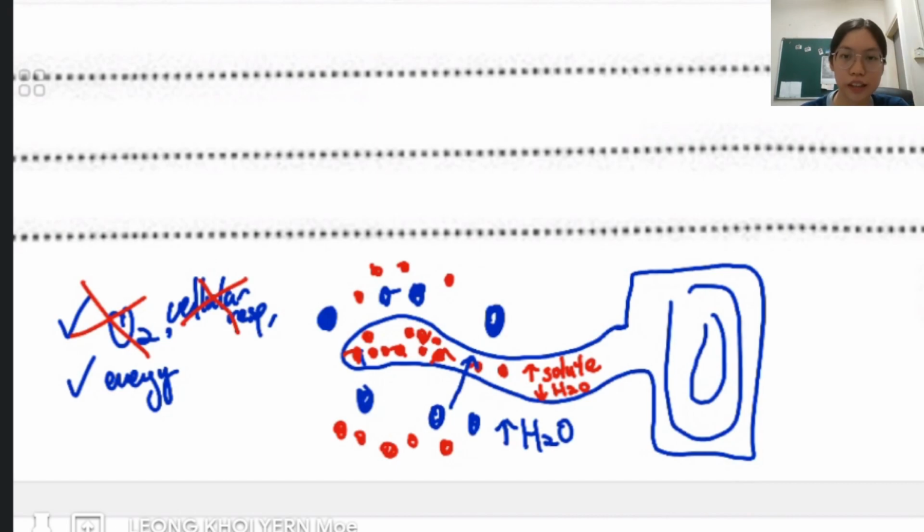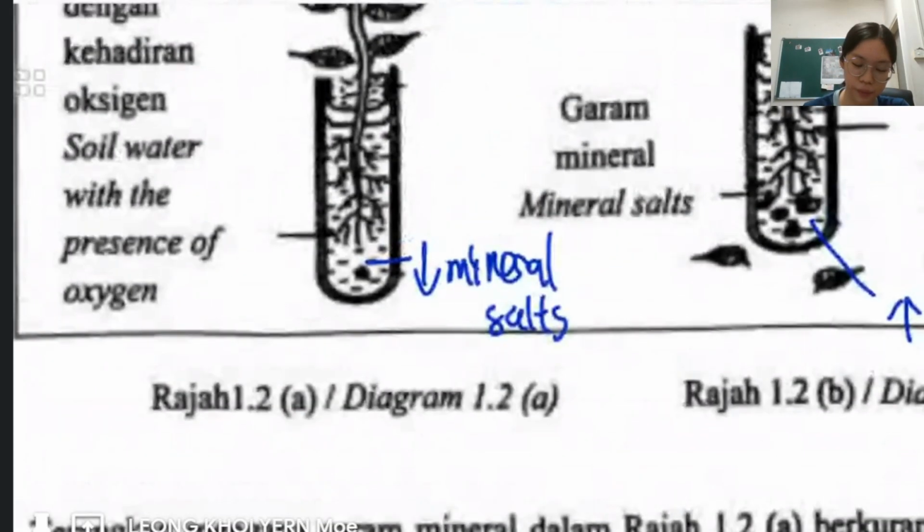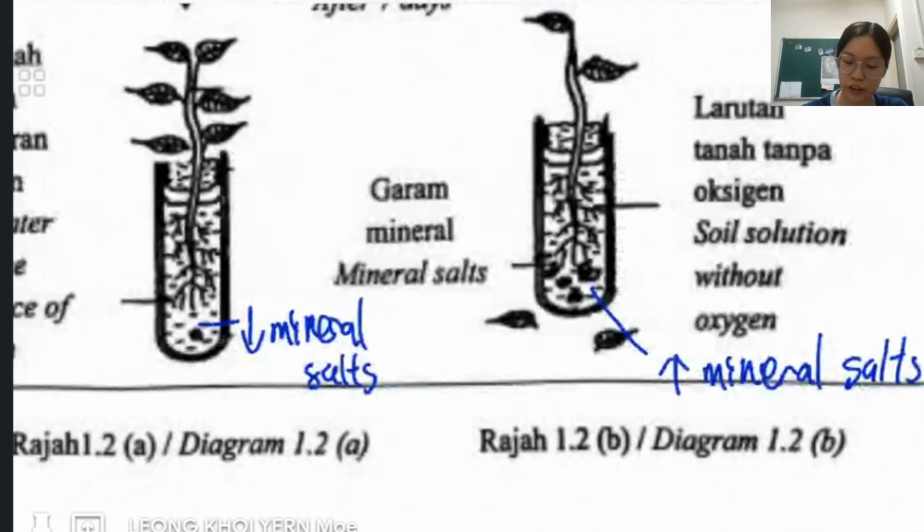When they are unable to carry out cellular respiration, they can't provide energy for the active transport of mineral ions. When there is not much active transport of mineral ions, there are still many mineral salts remaining in the soil solution.